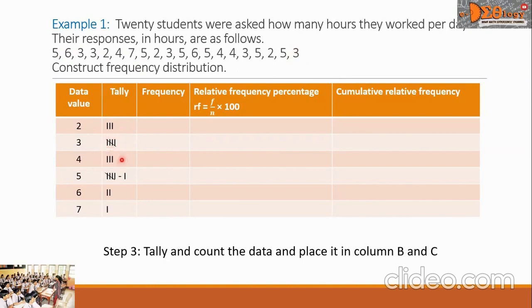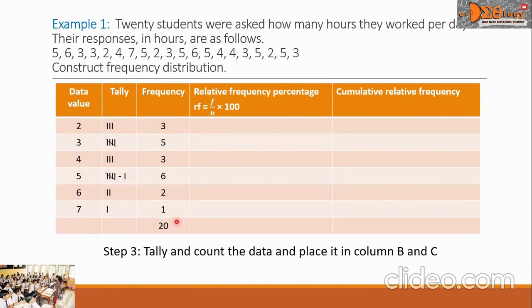For number 4, 3 times, and so on and so forth. For the frequency column, we will simply count the tally. So for number 2, 3 times it appears, so we will write here 3. For number 3, it is 5, so we write here 5. For number 4, there are 3 tallies, so we write here 3, and so on and so forth.